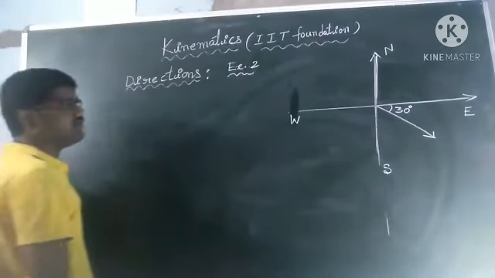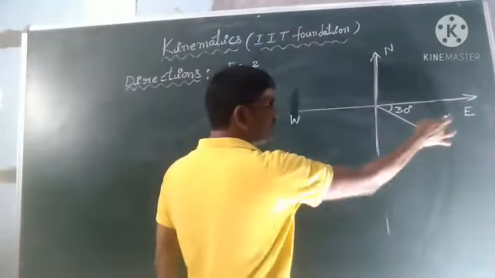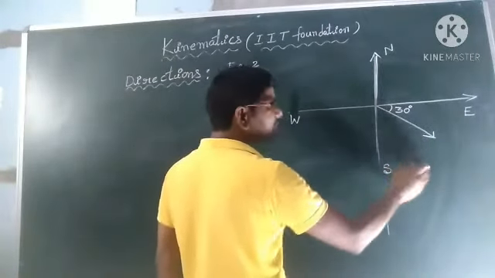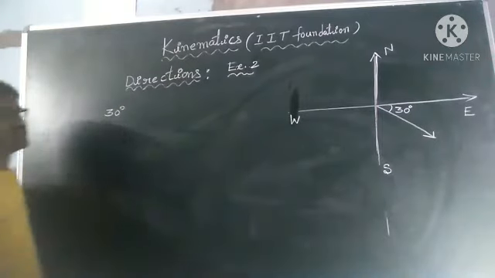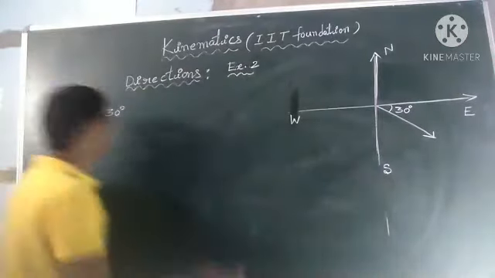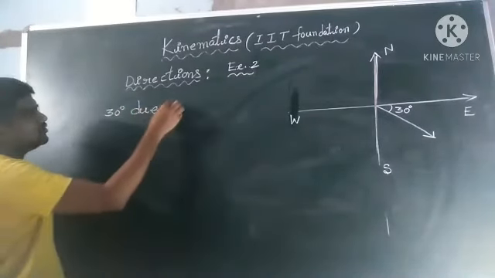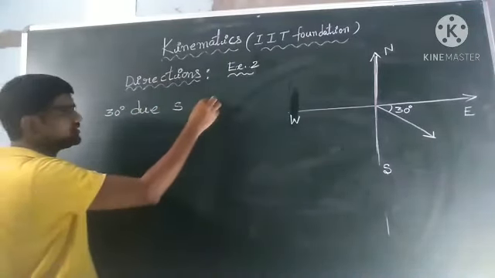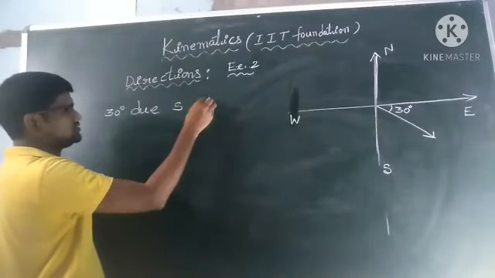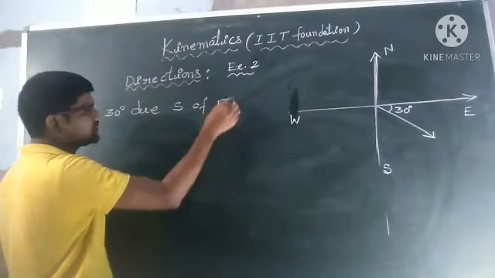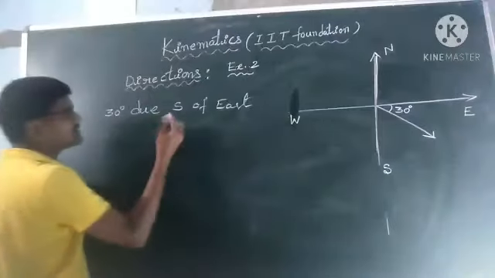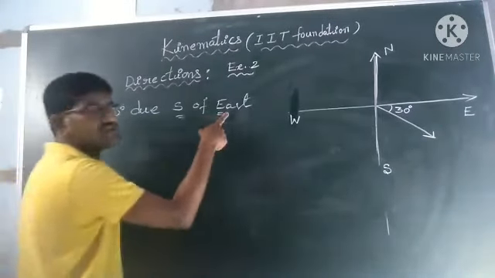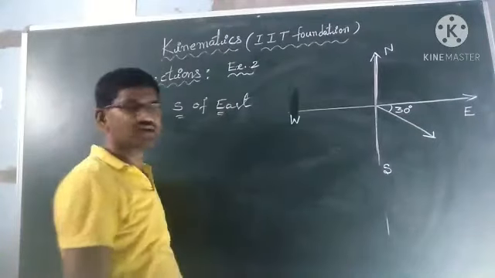See, it is lying in east and south merged, in this region. With whom is it making the angle? So we will say 30 degrees, lying in south and east, 30 degrees due south of east, because finally it is making an angle with the east. You can decide it.